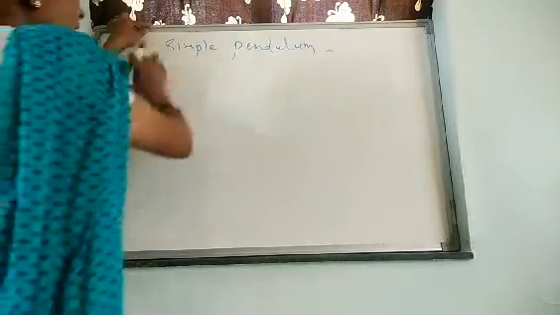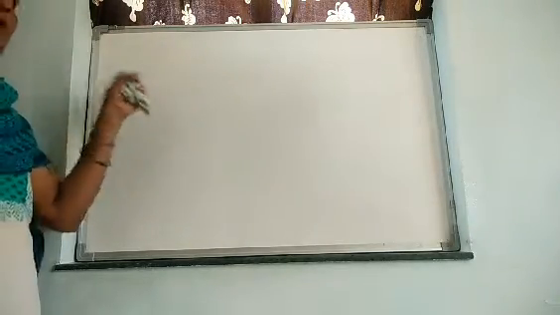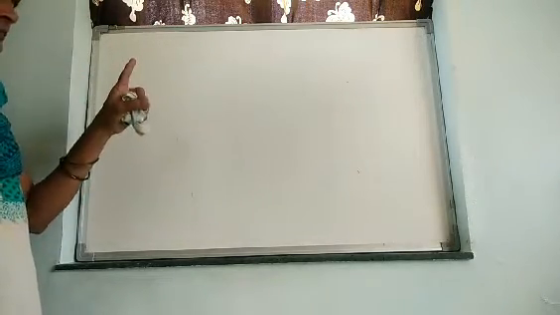Now this simple pendulum is given a motion in such a way that it performs a horizontal circle and the string forms a cone. That is called a conical pendulum.